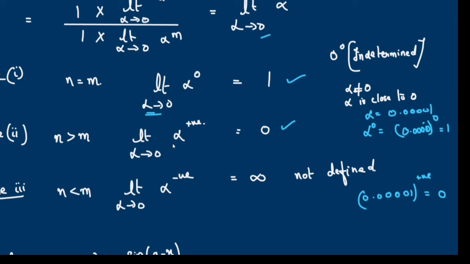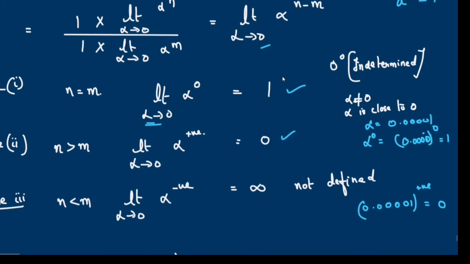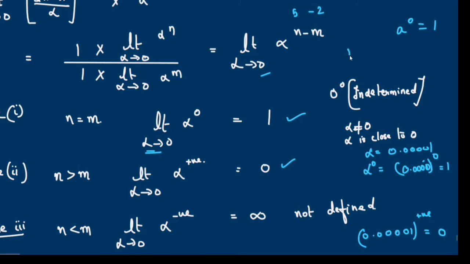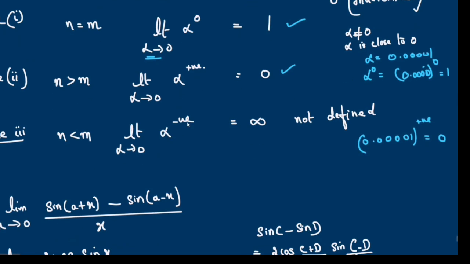If n is less than m, suppose your n is 2 and m is 5. So 2 minus 5 will give you negative. So alpha to the power negative number. That means your alpha is very close to 0. So alpha is 0.0001 to the power negative number.